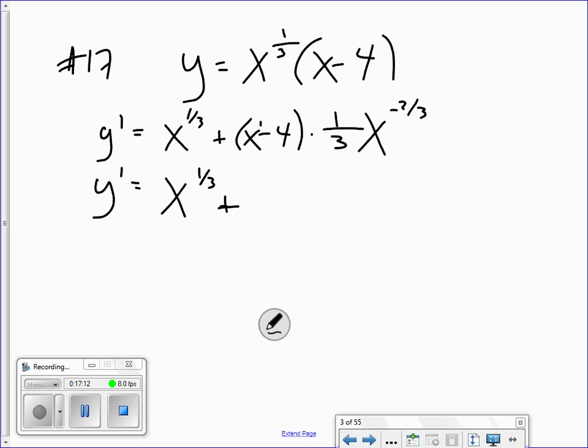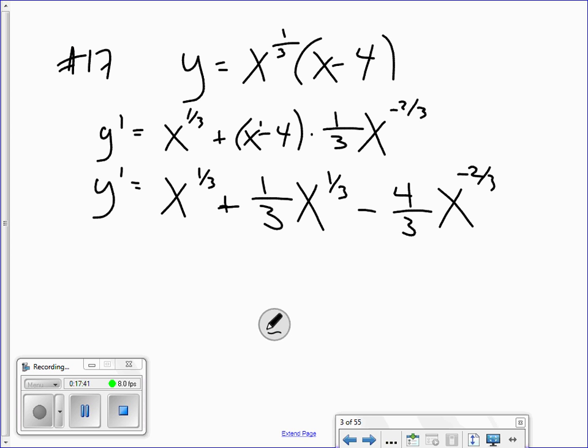You add the exponents, so we get 1/3 x to the 1/3, because you've got to add exponents. And then we multiply by the negative 4, so we'll have negative 4/3 x to the negative 2/3.